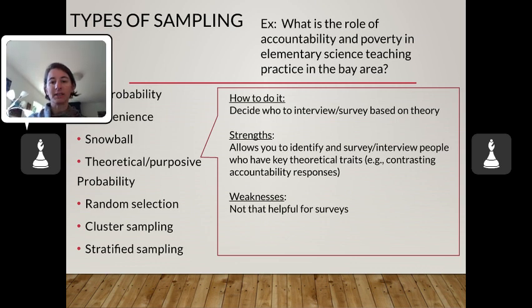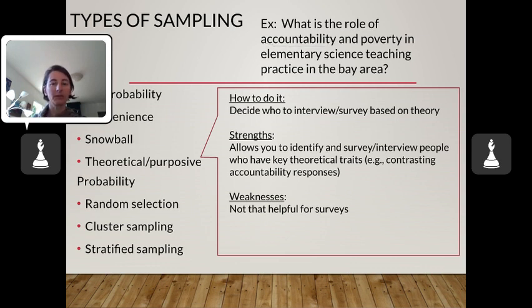Theoretical or purposive sampling is to decide who to interview or survey based on your theory. This allows you to identify and survey or interview or observe people who have key theoretical traits. So the theory that underlies my research question is that accountability pressure will drive instructional practice in science education. So if I'm going to interview people, I'm going to use this theory to select different kinds of people.